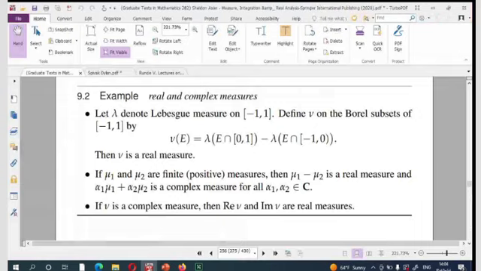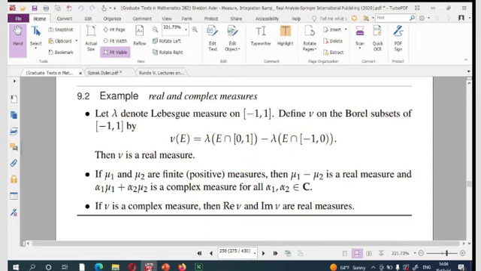So that mu is a real measure, not non-negative measure. If mu1 and mu2 are finite and positive measure, then this is a real measure. This is a way to construct real measures. Subtraction of two positive measures is a real measure.